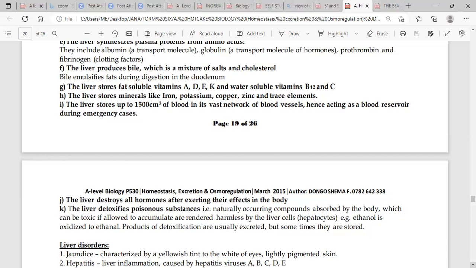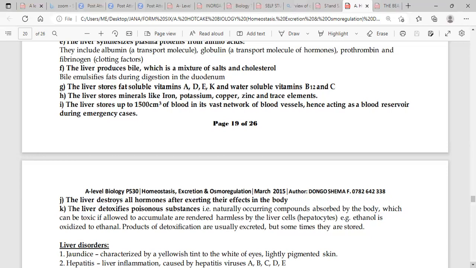The liver also performs the role of detoxification, which is detoxifying poisonous substances. That is, we are removing the poisonous nature from these substances. Naturally occurring substances or compounds absorbed by the body can be toxic if allowed to accumulate and are therefore rendered harmless by the hepatocytes.